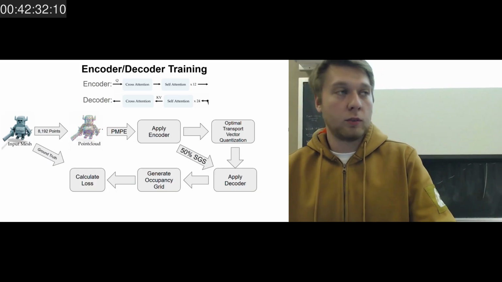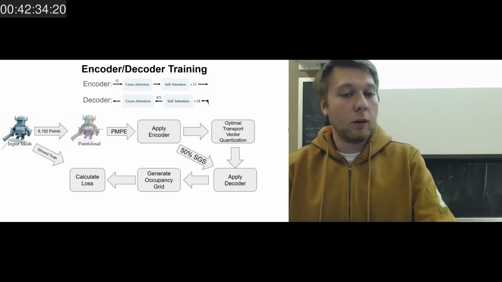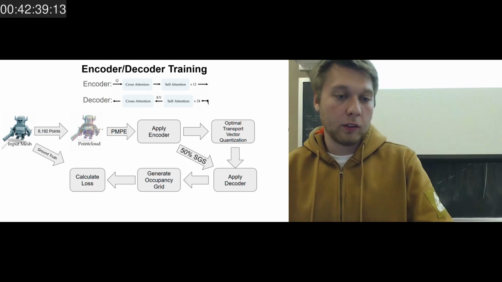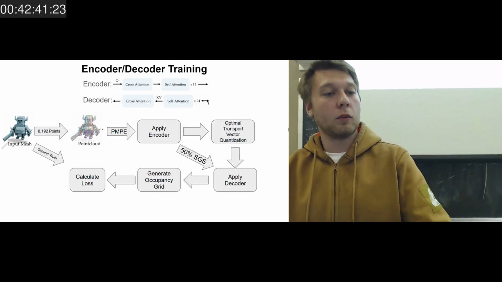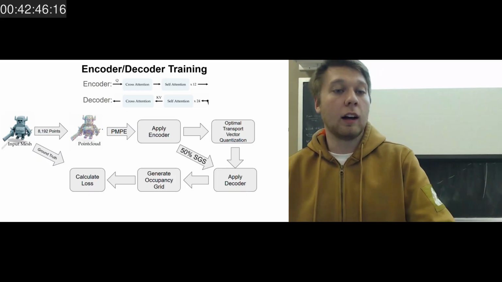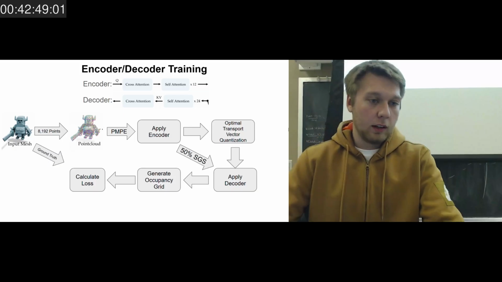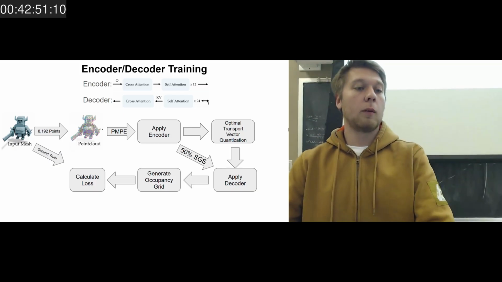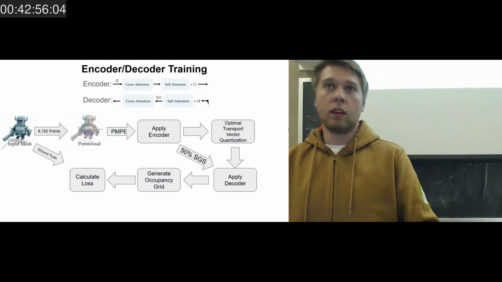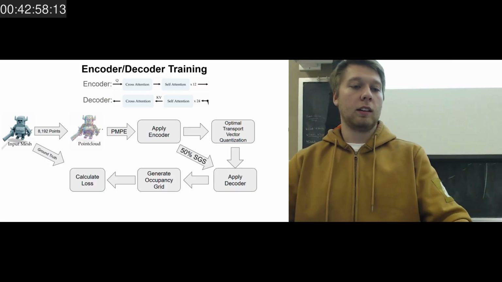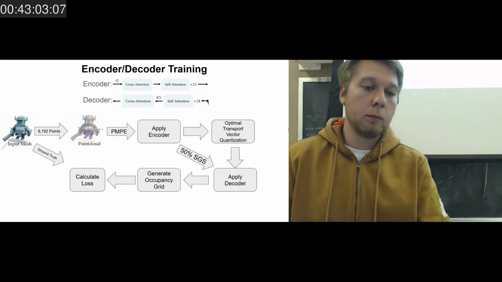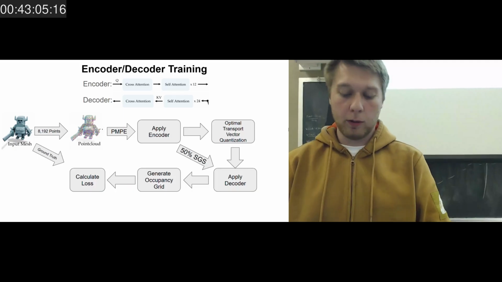But when we generate that occupancy grid, we want to train the decoder to be correct in empty space and filled space. So we take half of our 8,192 points and sample them uniformly throughout that negative 1-to-1 3D space. And then we sample the other half from the surface of the mesh, just as we would for the encoder. So they just split it half and half, and that makes the decoder much better at being accurate in the negative space and the positive space.